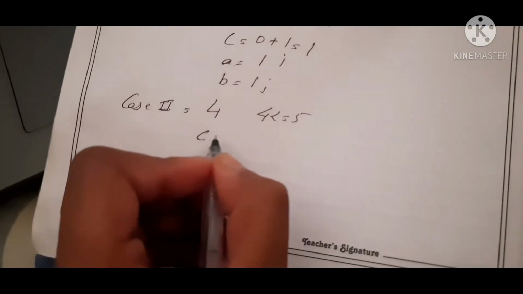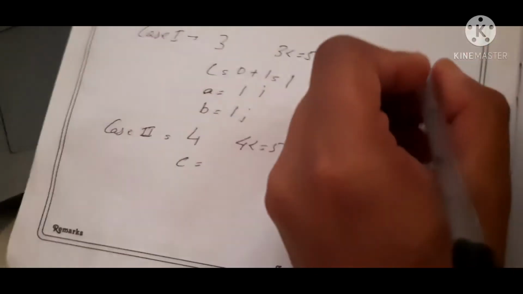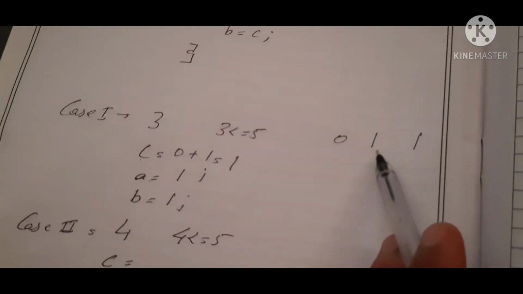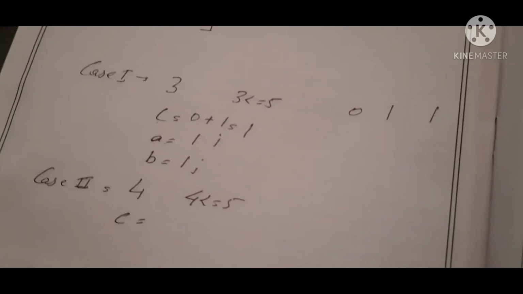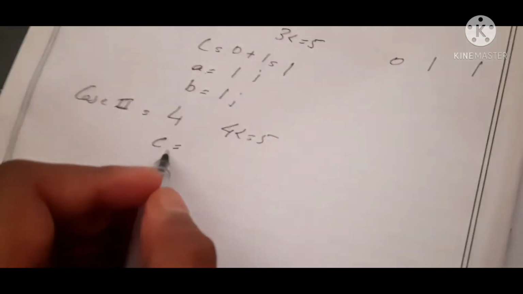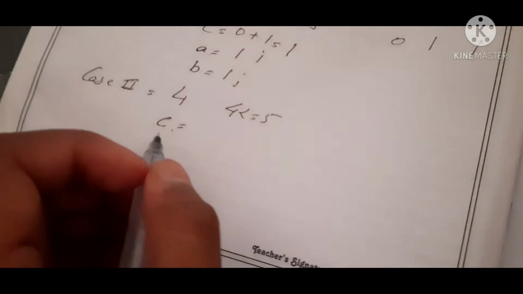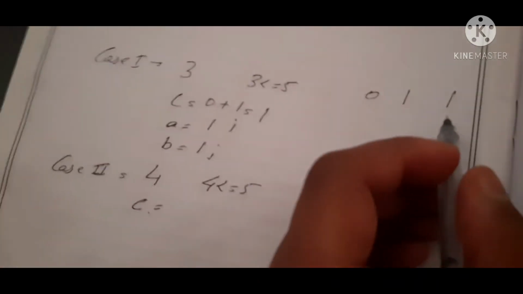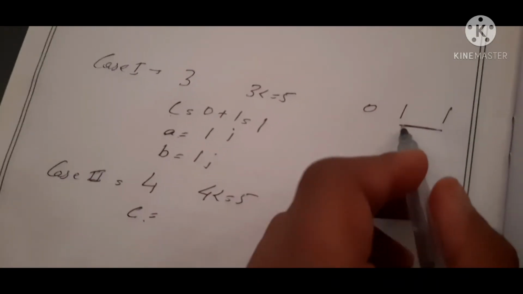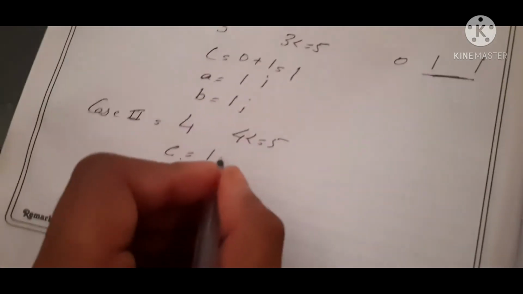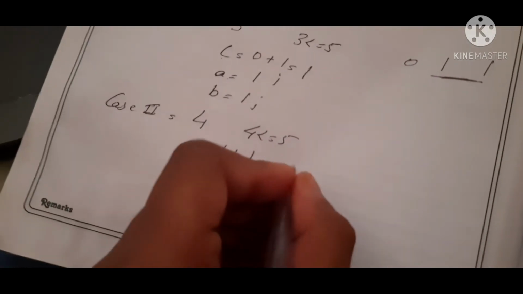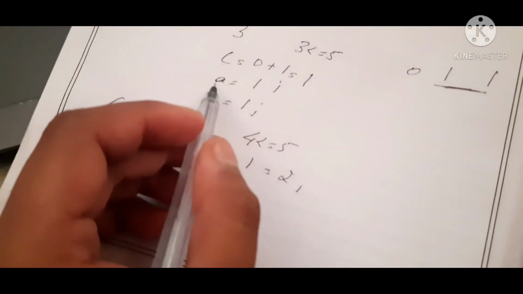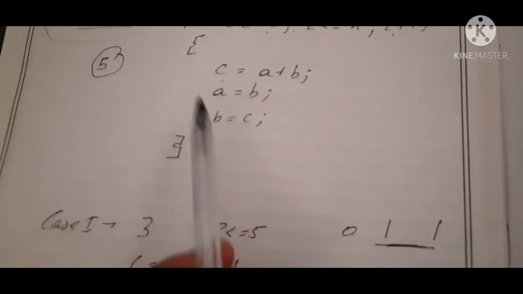After that C is equal to A plus B. Now the series we have is the first, second, and third terms. Now we have to find the fourth term, so C is equal to A plus B, the sum of these two terms. So this is 1 plus 1 is equal to 2. Now the value of C is equal to 2, and after that the value of A, here I write the logic, A is equal to B.